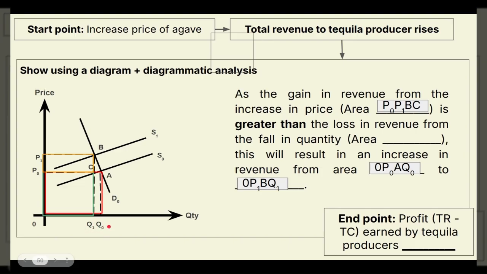Previously, the amount transacted in the market was Q0, but it has fallen to Q1 now. Therefore, there's a loss in revenue for the producers, marked out by the area Q1, C, A, Q0.